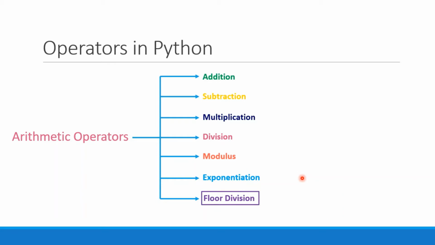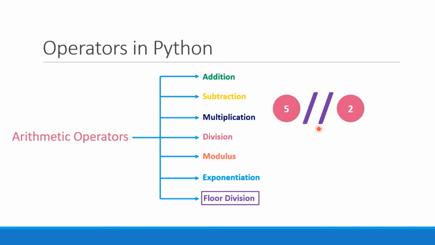Let me give you the first example, then I will explain what it will do. You have a number 5 and you have another number 2. Same example as we had in division, 5 by 2. Now this is also a division, but it is known as floor division. Let's see what the symbol for it is. The symbol for it is double forward slash. For division, we have used only a single forward slash, and for floor division, we use a double forward slash.